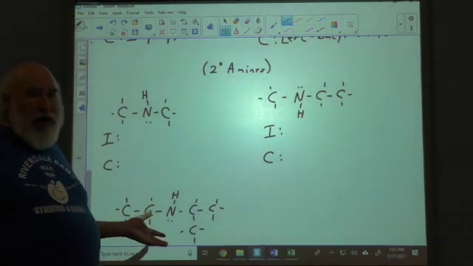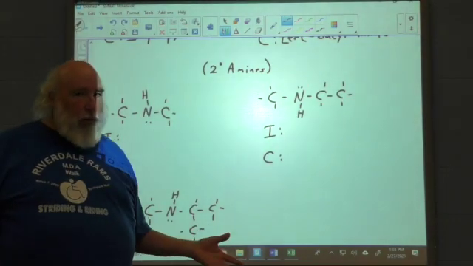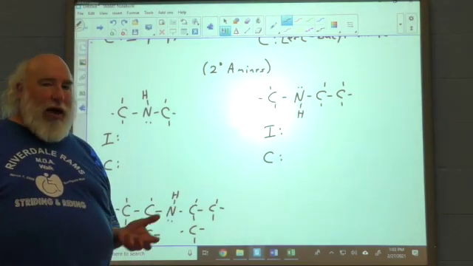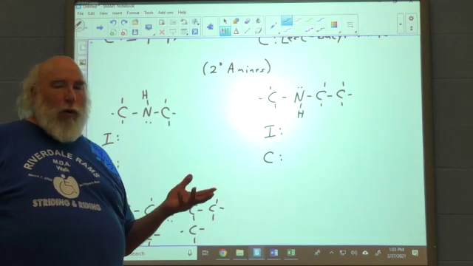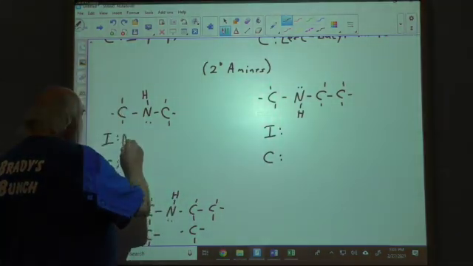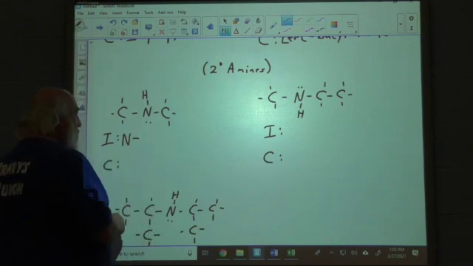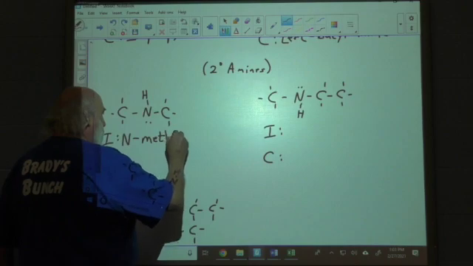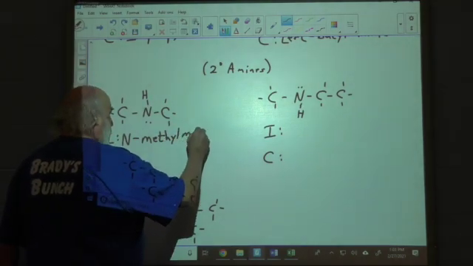Now, since it's not attached to the carbon, we can't put a number on it. So we have to use the capital N as the insignia for where it is attached in methanamine. So this is N-methylmethanamine.